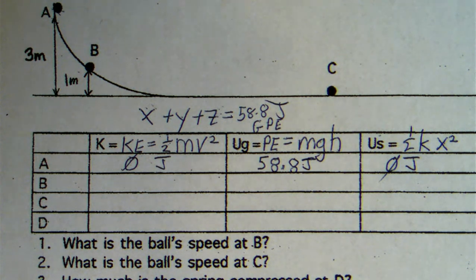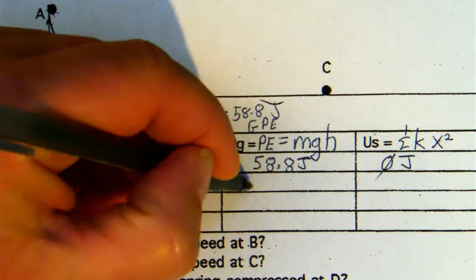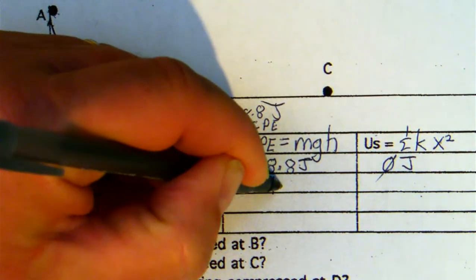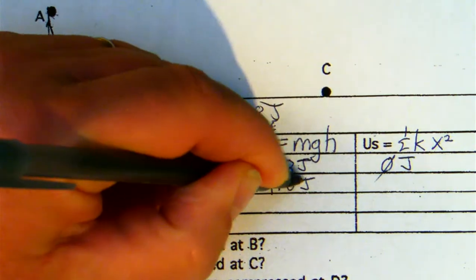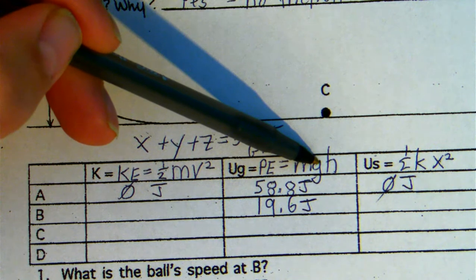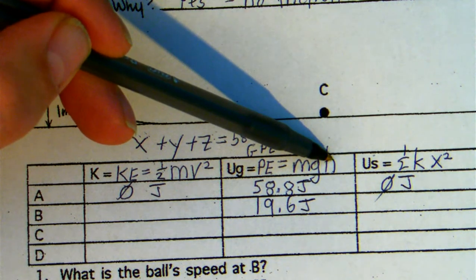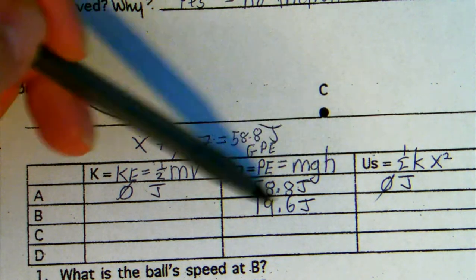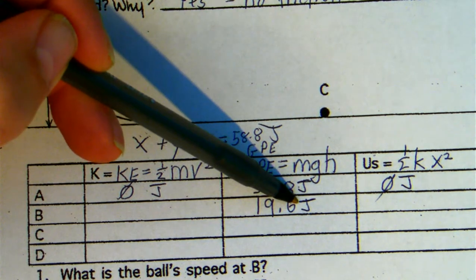Zara, do you agree? Uh-oh. Yeah, so did I. 19.6 joules. 2 kilograms times 9.8 meters per second squared times 1 meter height is 19.6 joules.